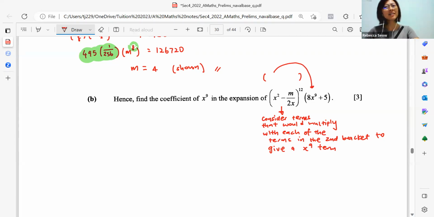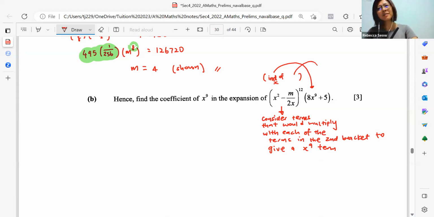Then what kind of a term is this? You will need to consider an independent term, right? A term that is independent of x. Something that is just a real number. A real number multiplied by a term with x to the power of 9 will give you an x to the power of 9 term. Correct? Now, what else?